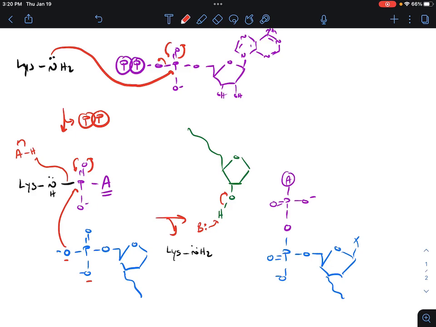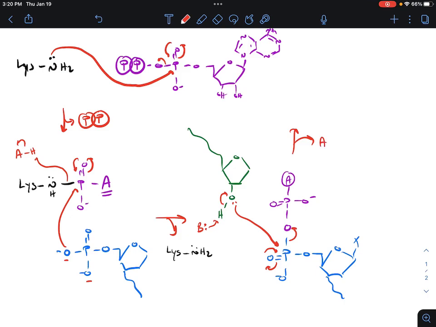We have an oxyanion that's now an excellent nucleophile that can attack at the alpha phosphorus of the 5' end of the DNA, not the phosphorus of AMP. Electrons flow up to make an intermediate, it recollapses, and then the bond of the diphosphate linkage is broken.